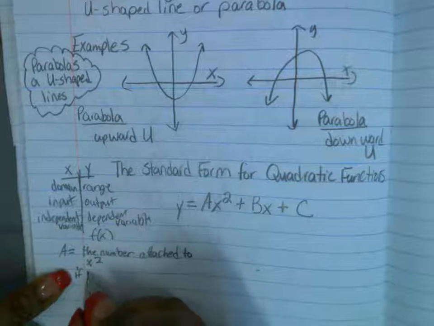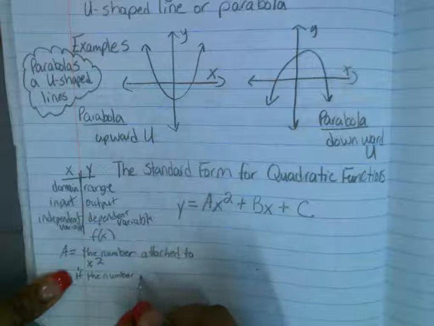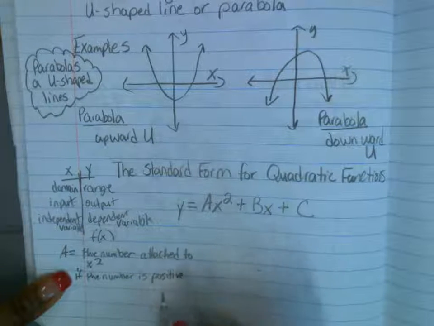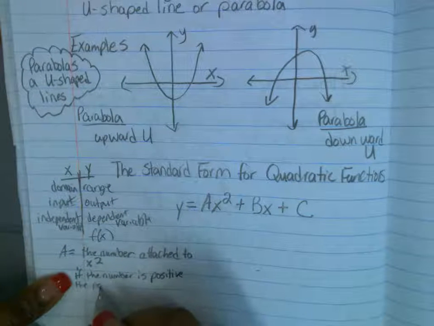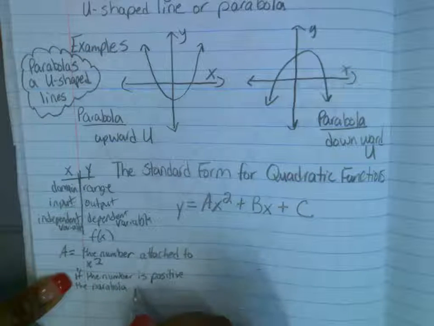If the number is positive, the parabola is upward.